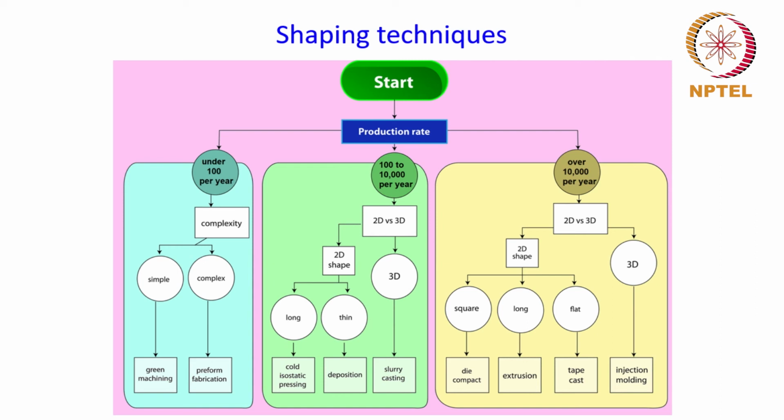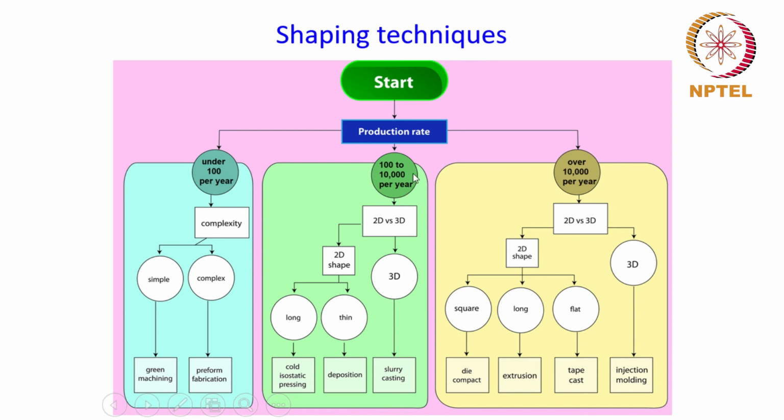For low production rate and simple shapes, simple processes like green machining can be applied, and for complex shapes in the low production category, preform fabrication can be taken as the shaping process.